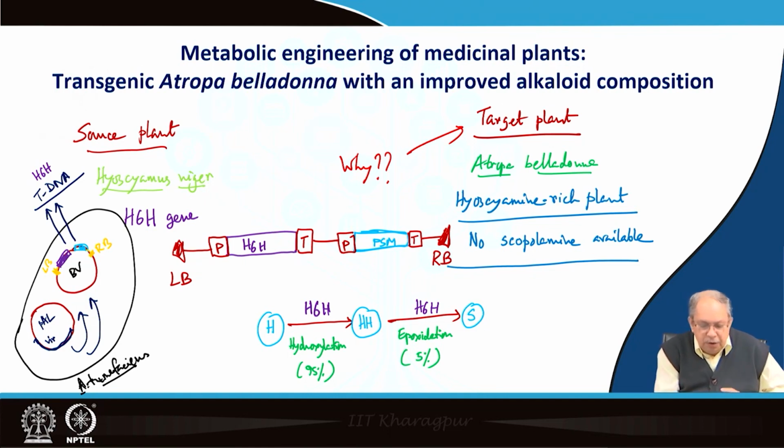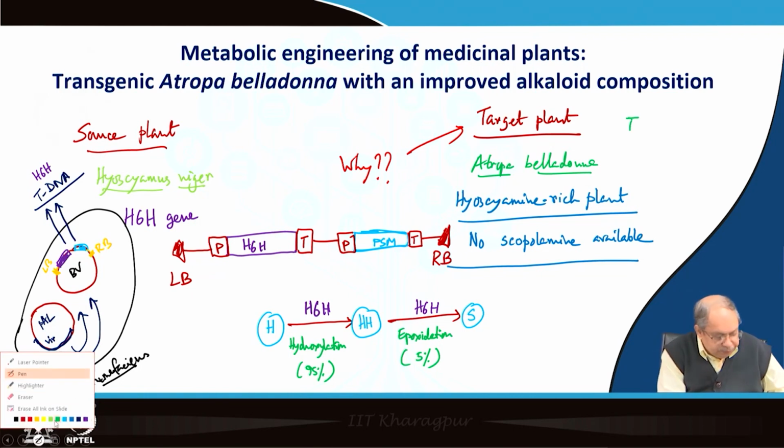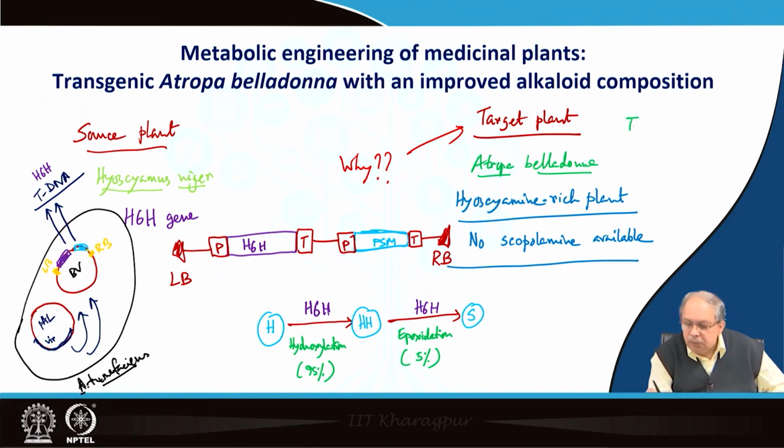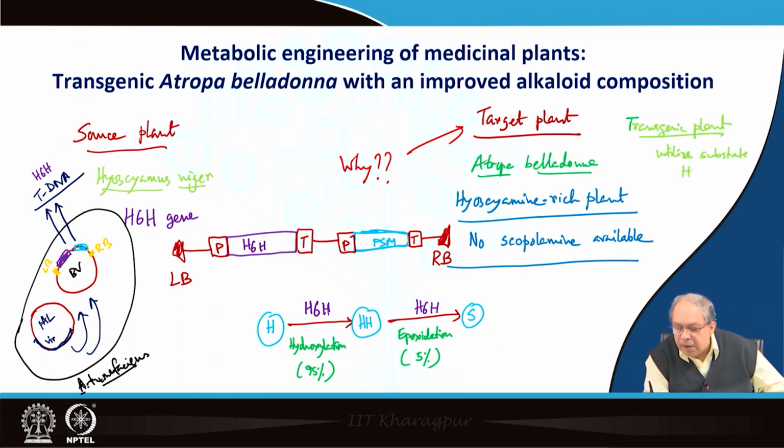So if you transfer the H6H gene into Atropa belladonna, and the gene functions, then the transgenic plant should be able to utilize the available substrate, which is H, very efficiently. In the background there is no product; the product is scopolamine, which is not there.